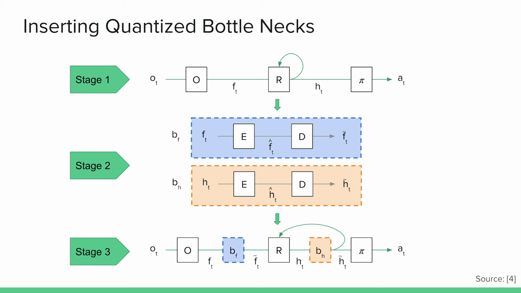So that's the idea: if we insert these quantized bottlenecks, we of course potentially lose some accuracy. That's why we might need some fine-tuning, but you can see how inserting autoencoders into such a network can help us to get to a smaller and more interpretable state space.